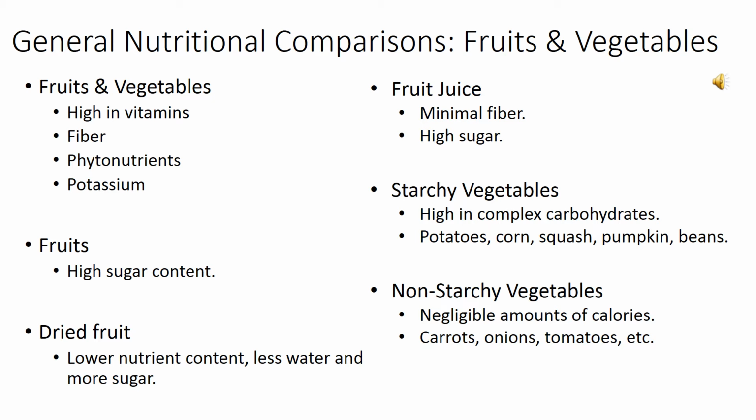With dried fruit, the sugar content per area of fruit actually increases. So there's fewer nutrients and more calories. These are still a good option, but dried fruits should be eaten in lower amounts. Then for fruit juices, these have the same amounts of vitamins, minerals, phytonutrients, and antioxidants, but there's no dietary fiber.